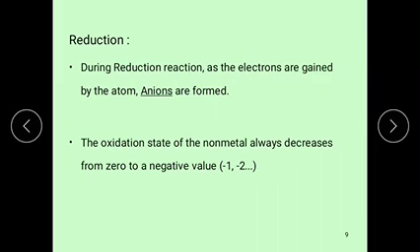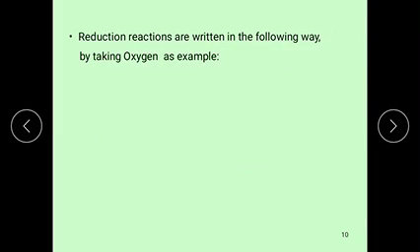The oxidation state of non-metals always decreases from 0 to negative value, which means it is nothing but decreasing the oxidation number value.